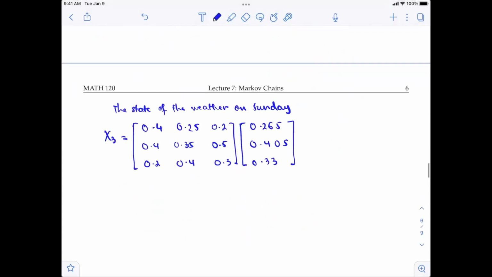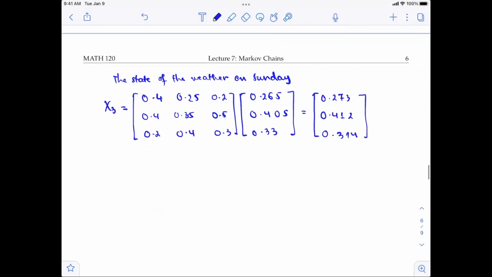And if I do my calculations correctly, I'm going to get 0.273, 0.412, and 0.314. So this is again sunny, cloudy, and rainy.